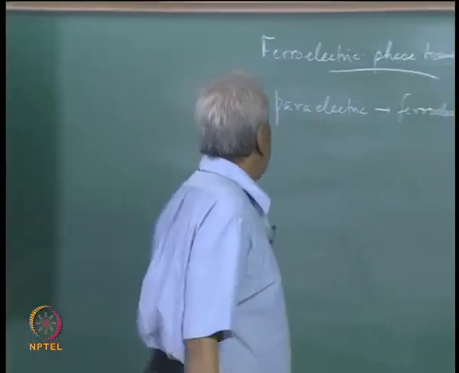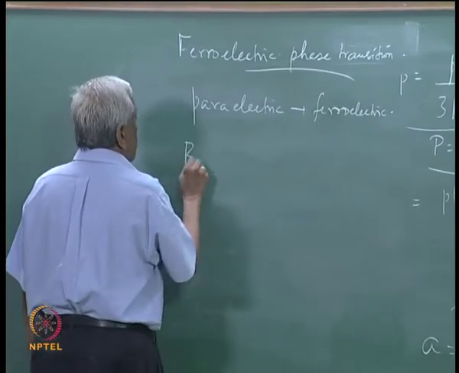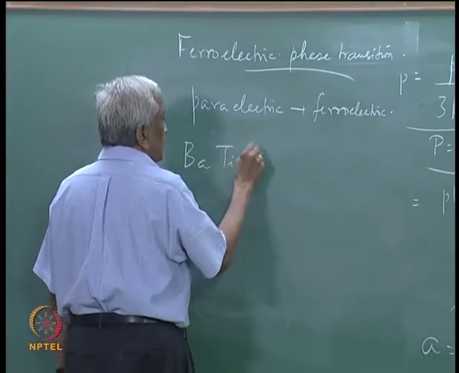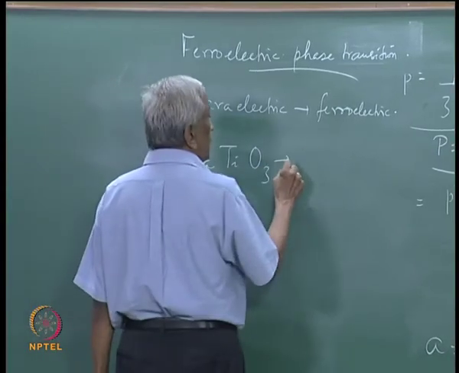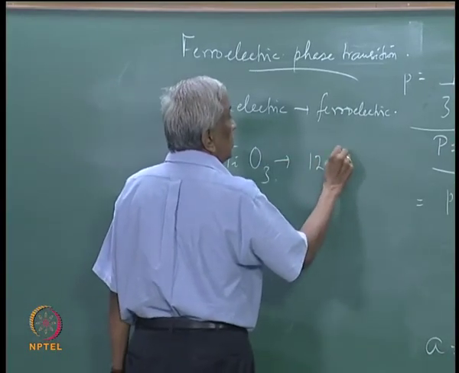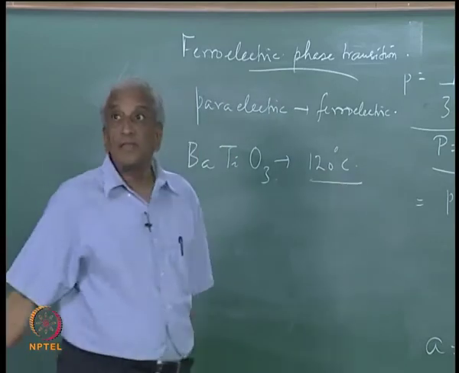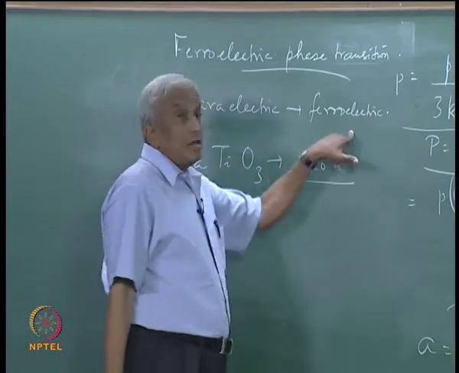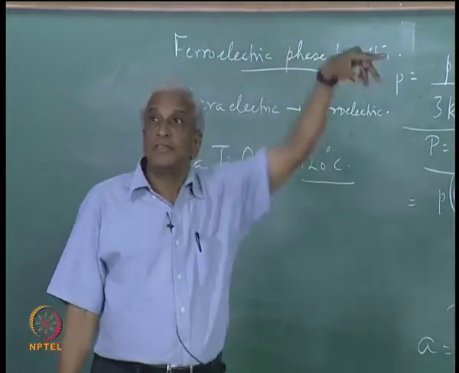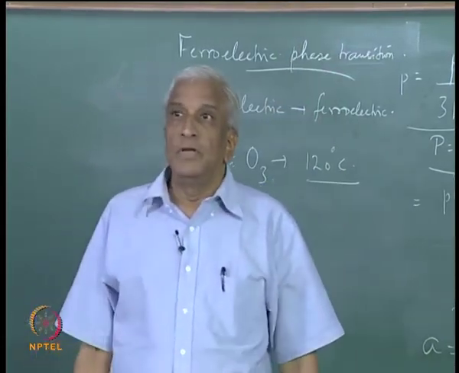For example, barium titanate is a very well known ferroelectric material which has a ferroelectric phase transition temperature in the neighborhood of 120 degrees Celsius. So, below 120 degrees Celsius it is ferroelectric, above this it is a paraelectric.